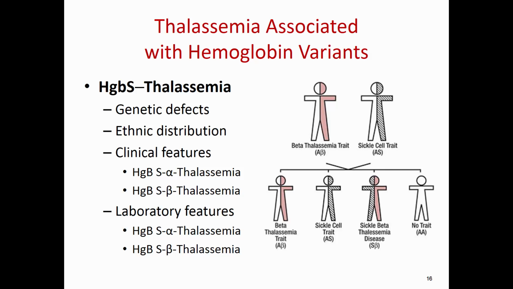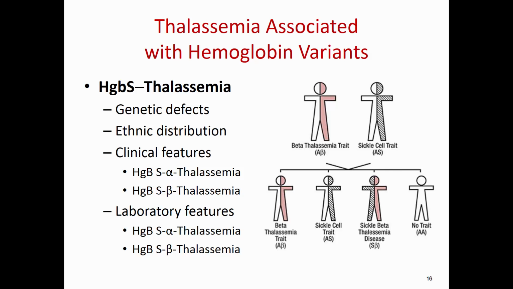I want you to think about what I emphasized in the beginning of the class. It is the ratio. It is the balance that matters. Remember what was causing the problem in alpha thalassemia: if you don't have enough alpha chains, the beta ones are going to form a tetramer, precipitate, and be removed.